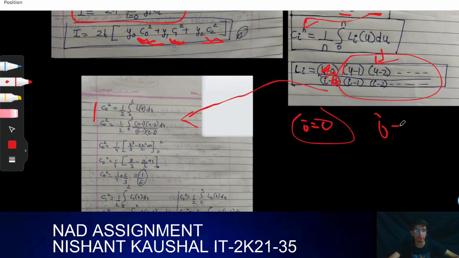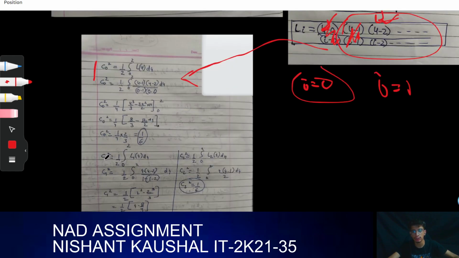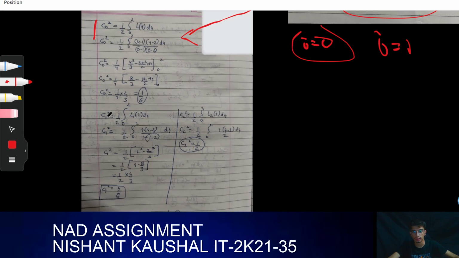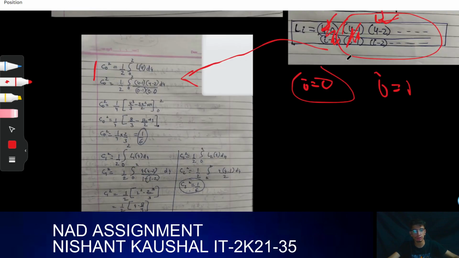If i equals 1, we will hide this i equals 1 term and we will use (u minus 0) upon (1 minus 0) and (u minus 2) upon (1 minus 2), right? So for c1 we have used u into (u minus 2) upon (1 minus 0) into (1 minus 2), right?